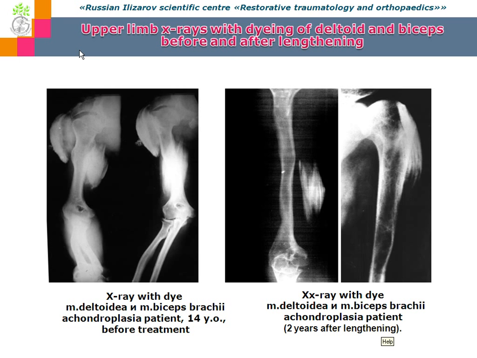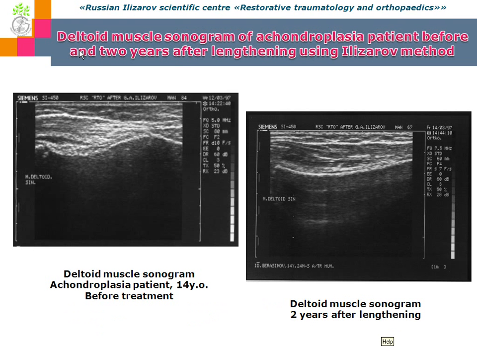Radiologic criteria for regenerate maturity by the time of frame removal were uniformity of structure, a formed cortex layer as a linear structure, and uniformity of bone density. Ultrasound criteria of regenerate maturity are a formed cortex layer as a uniform linear structure, hypoechogenic signal, and echonegative.